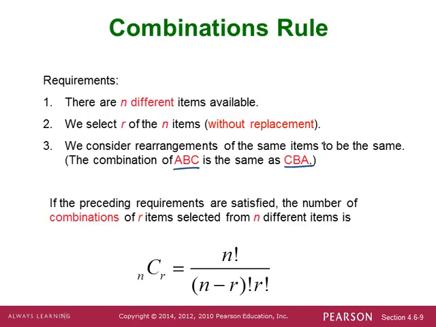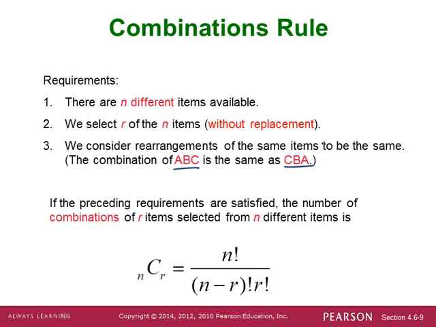Also, in the game of poker, if you are dealt a 5-card hand, it doesn't really matter what order you're dealt those cards. Because as far as I'm concerned, an ace of hearts, 2 of hearts, 3 of hearts, 4 of hearts, 5 of hearts is exactly the same thing as a 5 of hearts, 3 of hearts, 4 of hearts, ace of hearts, and 2 of hearts.